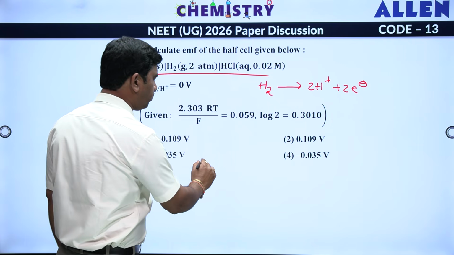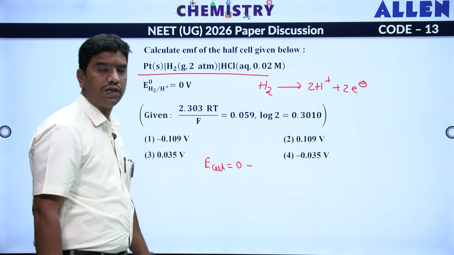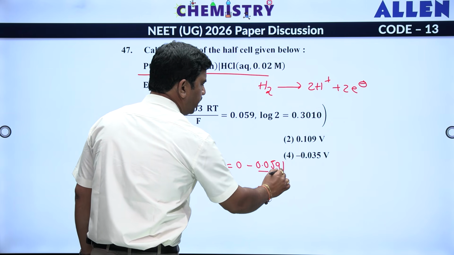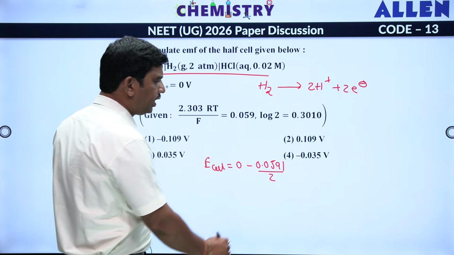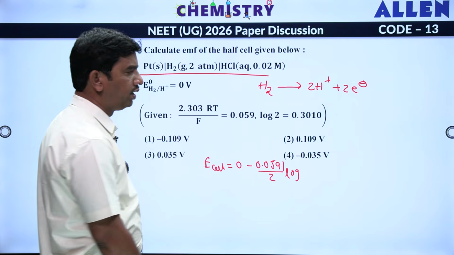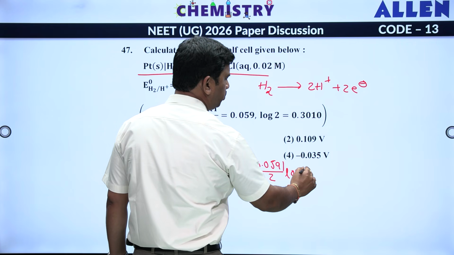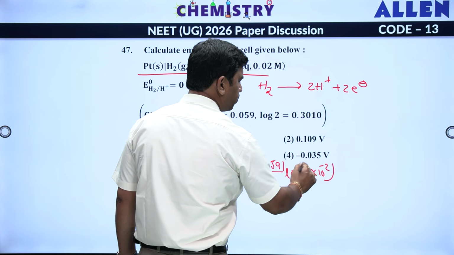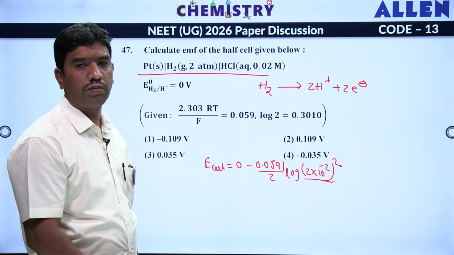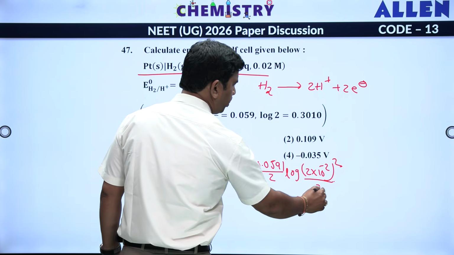Then use the Nernst equation: E cell equals E naught cell, which is the standard electrode potential, 0, minus 0.0591 by 2 electrons transferred, and log of concentration of products by concentration of reactants. You can take H plus squared, the H plus concentration mentioned is 0.02, that means 2 into 10 power minus 2, squared, and H2 is a gas, so its concentration is expressed as partial pressure, which is 2 atm.